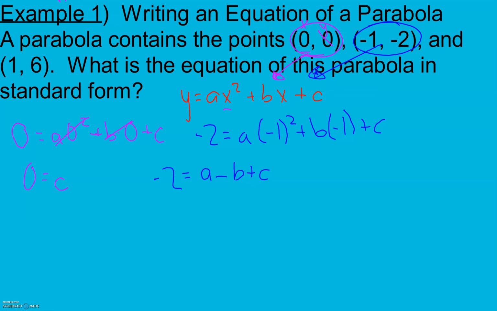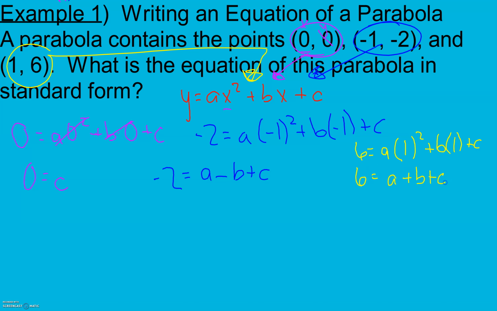And my third point, y is 6. a we don't know. x is 1 squared plus b, we don't know, x is 1 plus c. Simplify and I get 6 equals a plus b plus c.